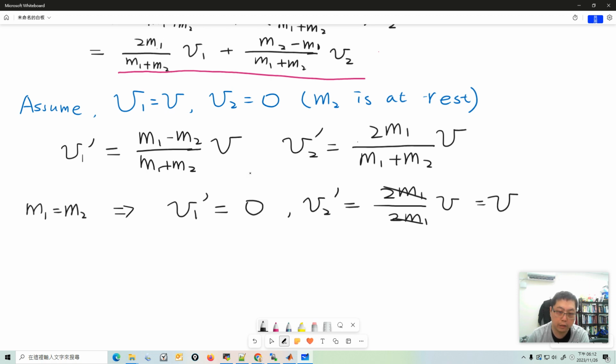You will see that when mass 1 and mass 2 are equal, before and after collision, they just exchange velocity.